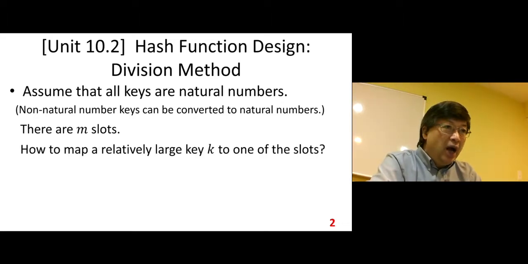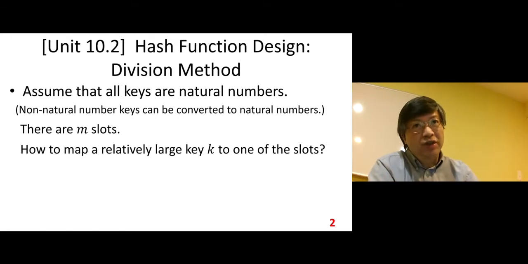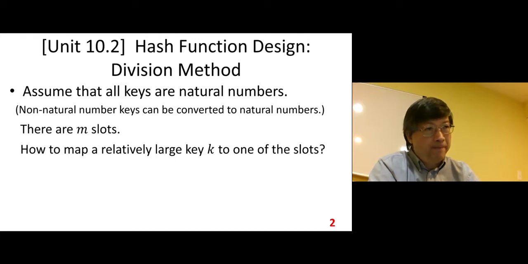The question is, how to map a relatively large key to one of the slots? This is our main question we discussed in B.1. The answer is hash function, right? So the question is how to design that hash function.